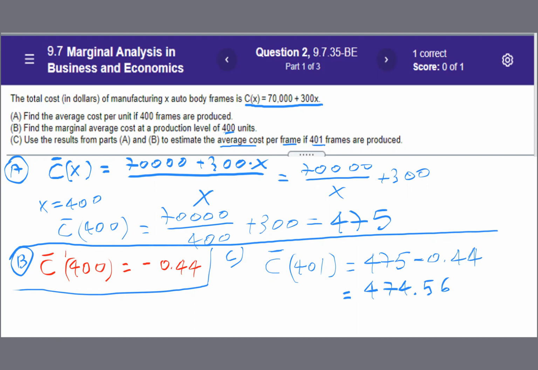So when we are at level 401, which is one more unit from 400, the average cost decreases by 44 cents. That's why we calculated the average cost per frame at the level of 401 to be 475 minus 0.44.